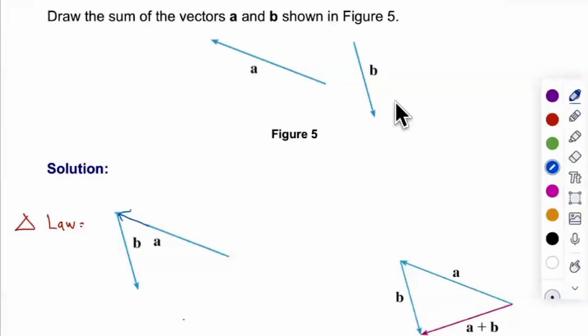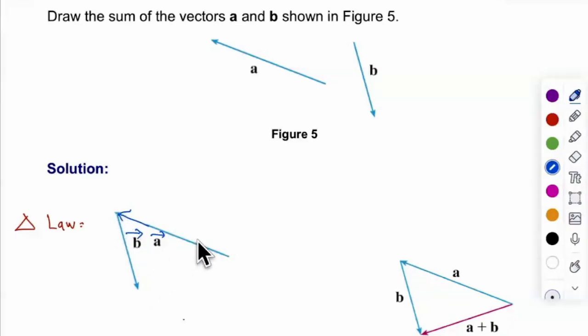So this is vector A. This is vector B. I first have this vector A, and then at the tip of it, the terminal point, I'm going to put the vector B. So I first have vector A, and then I continue with vector B.